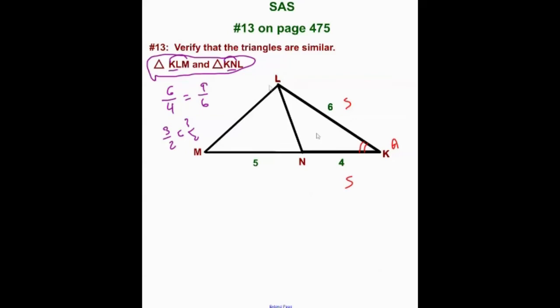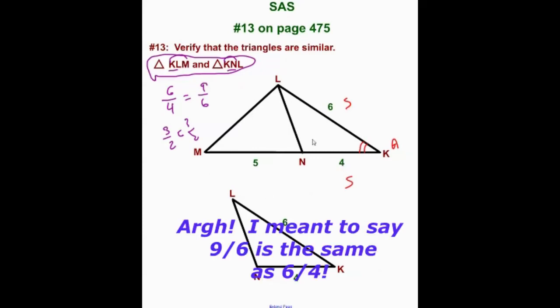Now let me move this out of the way so you get a better picture. Here's my small triangle, and here's my big triangle. We have this side proportional to the big side. This is proportional to that, and 6 is proportional to 9. 6 over 9 is the same thing as 4 over 6.